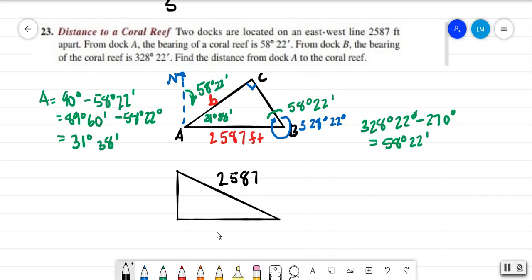The adjacent is the B. The angle is 31 degrees and 38 minutes. So in that case, we can actually solve for this distance. It's not really important what we'll have right here necessarily. So we can actually put this together very nicely.